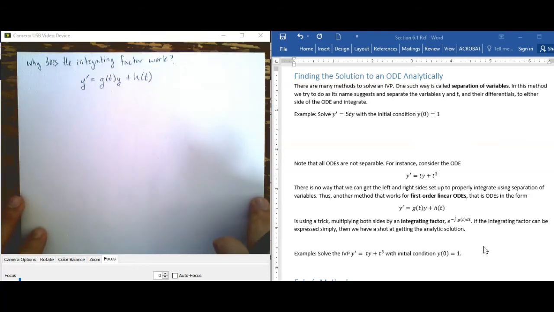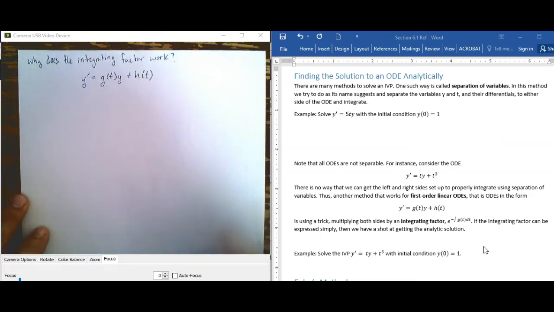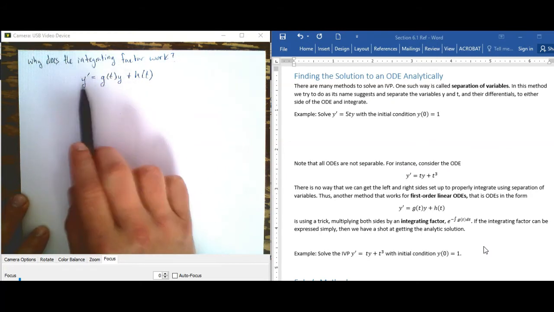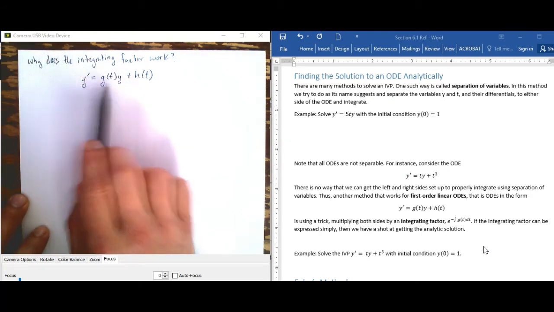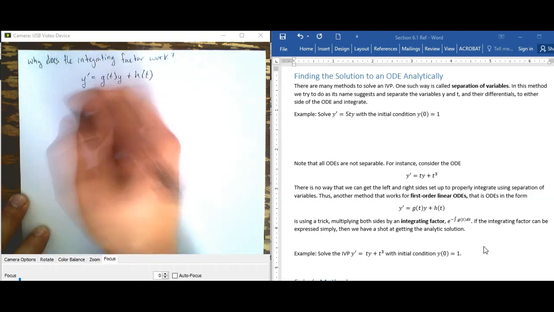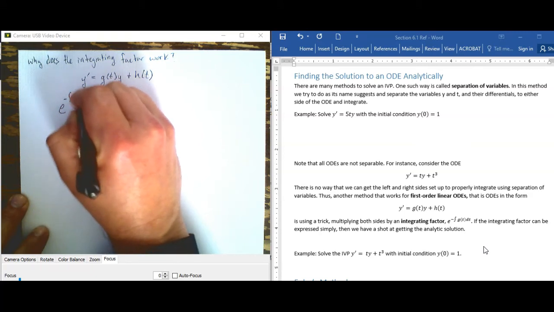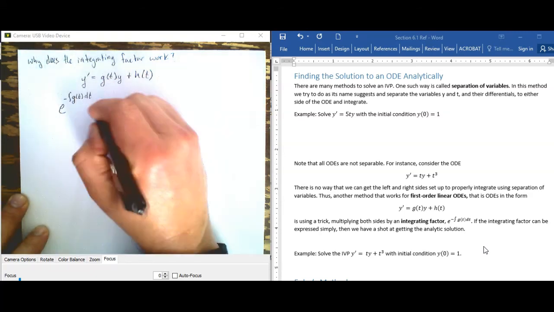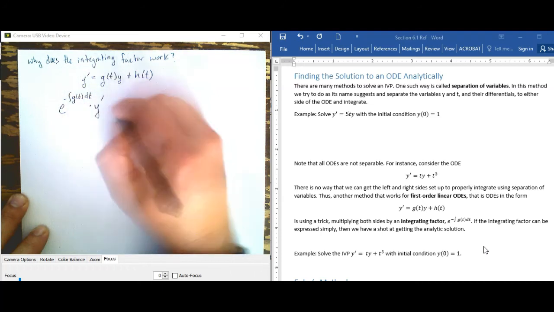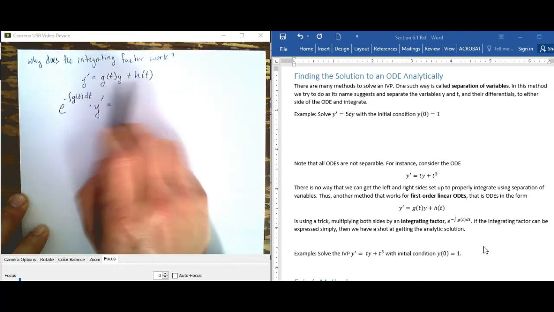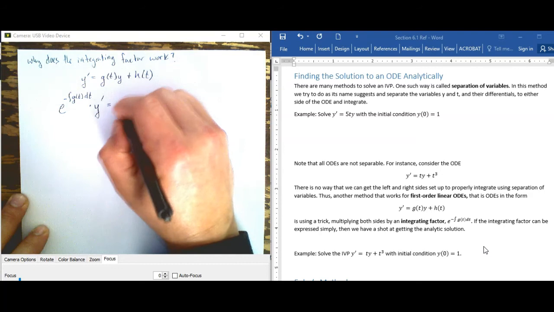What we're going to do is multiply both sides of this equation by our integrating factor. So we'll multiply both sides by e to the negative integral of g of t dt times our y prime equals, and we're going to multiply this side as well, so I'll just write it.